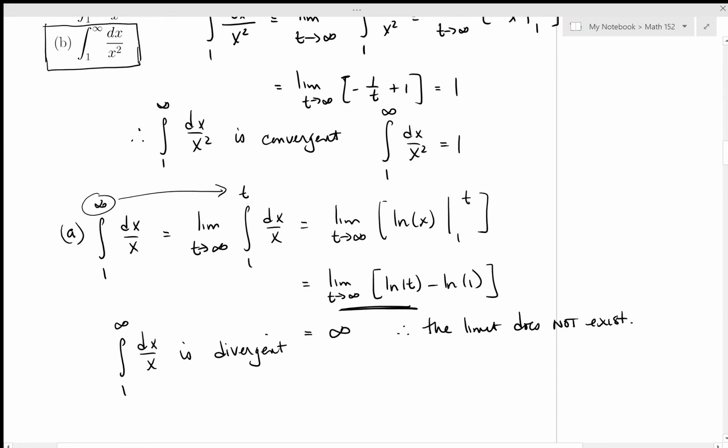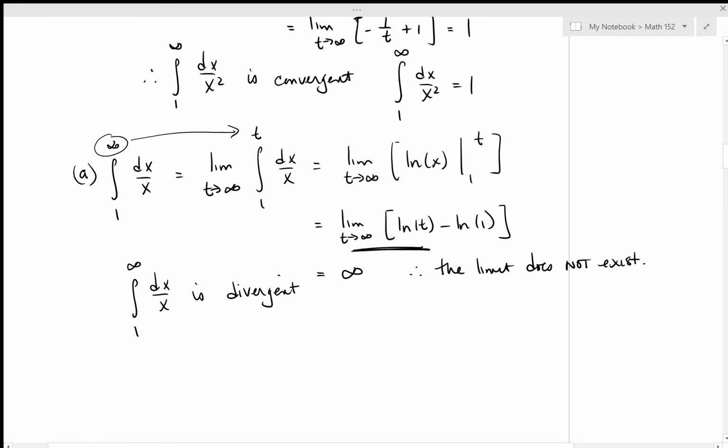I want to point out something to be careful about. You notice that the limit as x goes to infinity of 1 over x and the limit as x goes to infinity of 1 over x squared are both 0.